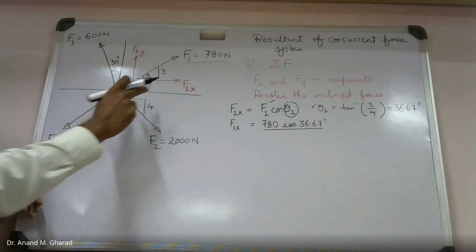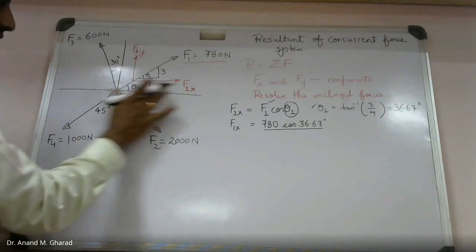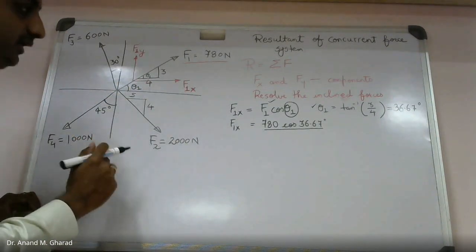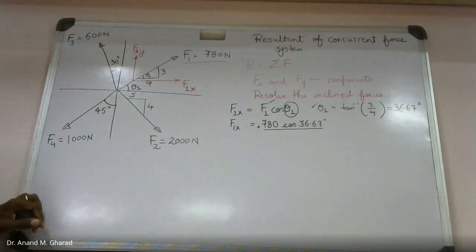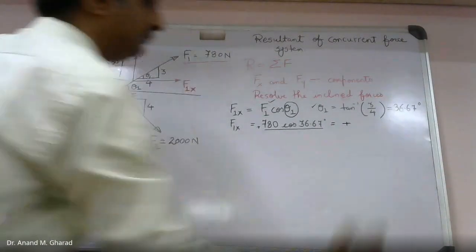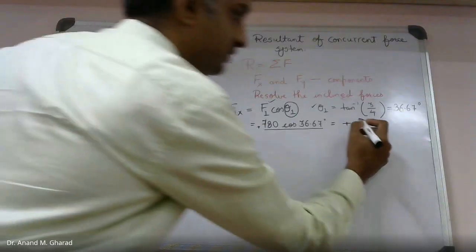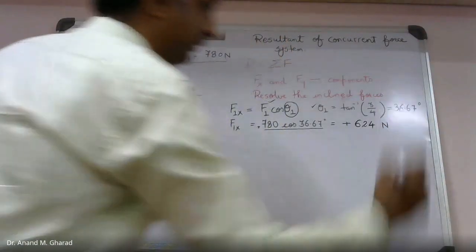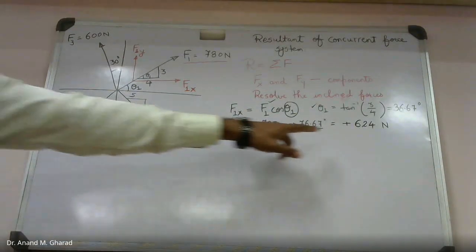From this figure, it is very clear that this arrow is facing on the right side of the x-axis. So this will be a positive value. Am I right? Yes, sir. So what will be the final value? Please let me know. So 624 Newton. Yes, sir. 624 Newton. Okay. I think all of you have got the same value.